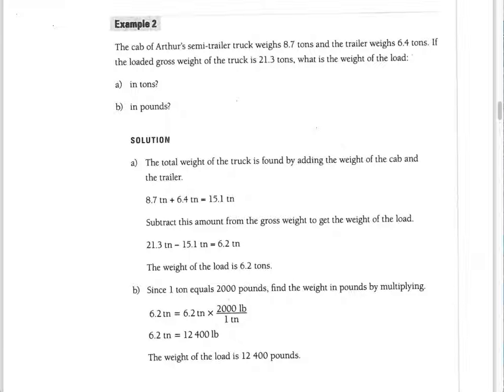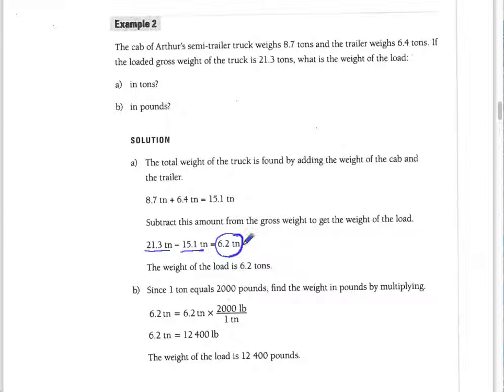So that's what they're doing down here. As you can see, they're adding the weight of the cab and the weight of the trailer together. Now when it's fully loaded, it's 21.3, and if we subtract the weight of the empty truck, we get an answer of 6.2 tons for the load.